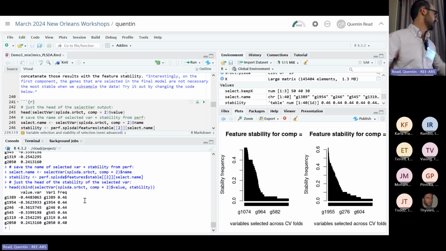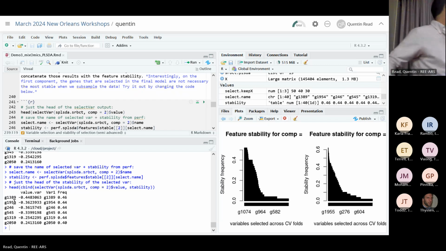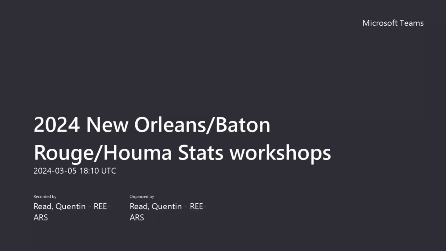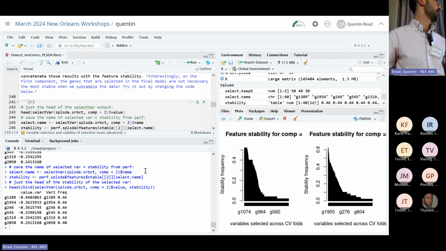We'll run that, and you can see the genes with a high absolute value on component 2 are also ones that were selected over 40% of the time. So those were among the highest ones, and those are probably the ones that are really influential in differentiating the tumor classes.